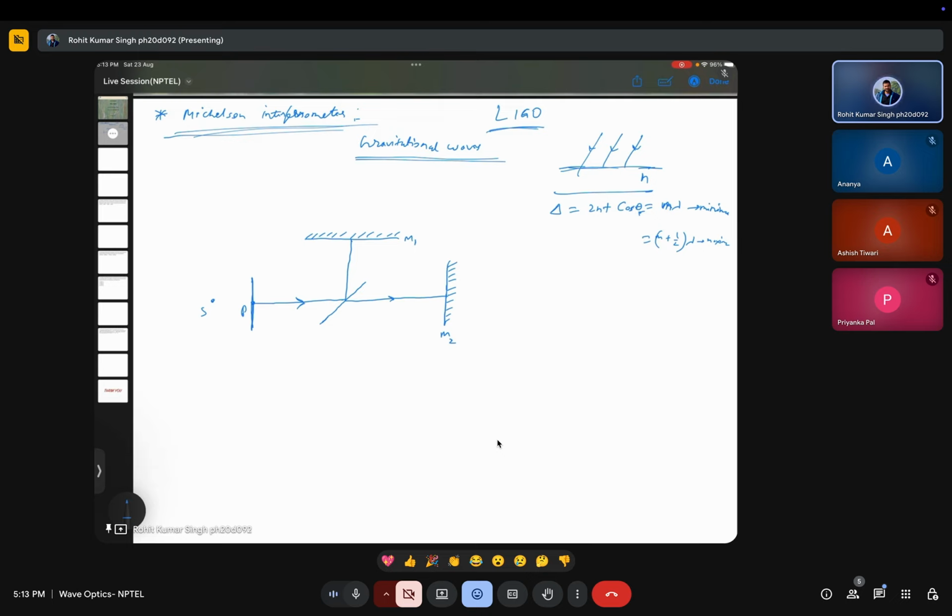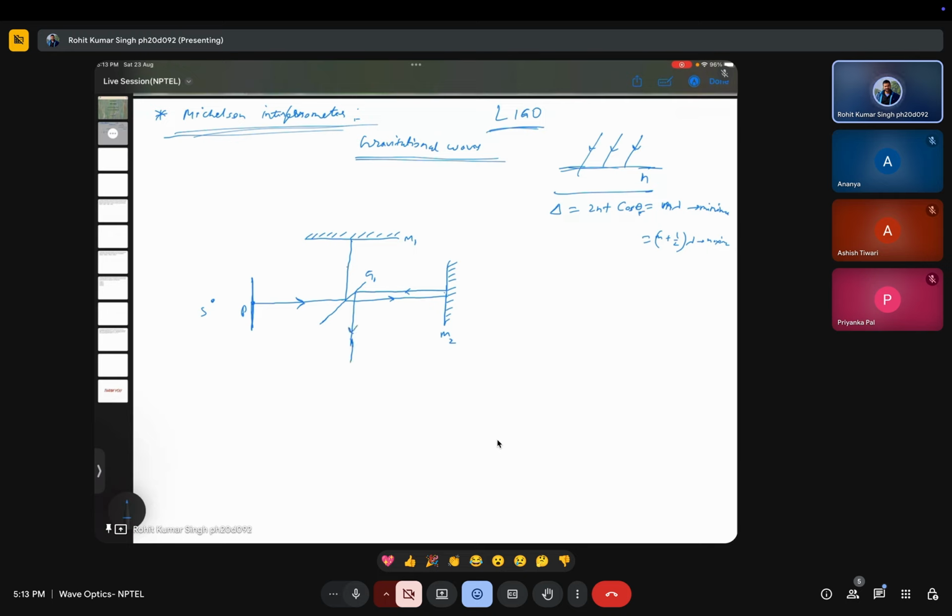This light gets reflected from the M2 mirror, and then it again gets reflected through this half silvered mirror.